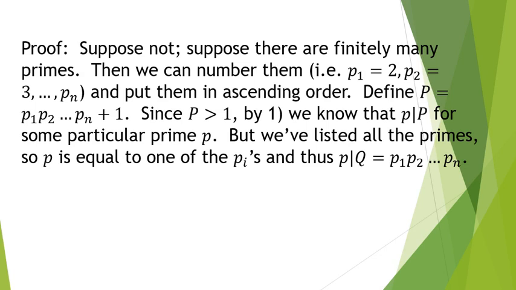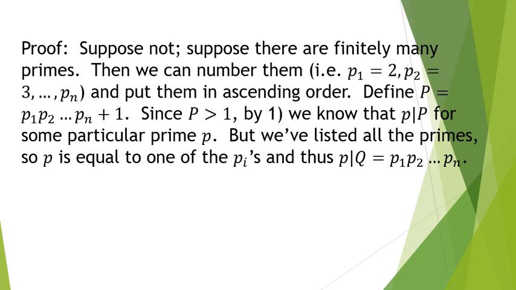But p has to be one of those P sub i's, and thus p divides this number Q. And I'm going to define this number Q to be just the product of all those primes, just P1 times P2 times P3 times Pn, because p is equal to one of those P sub i's. So we know that little p divides capital P, little p divides capital Q.